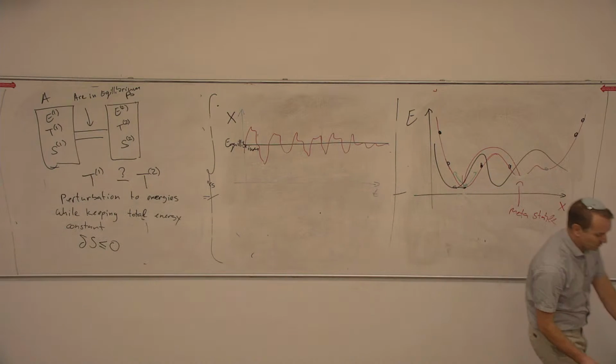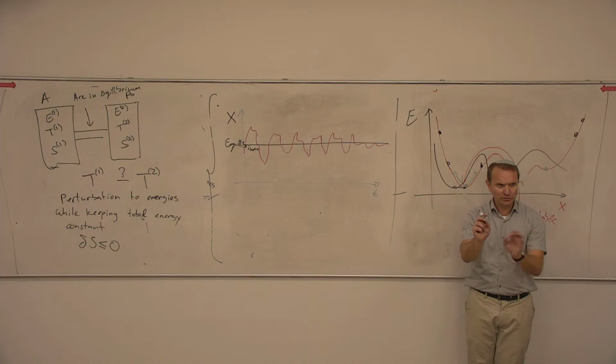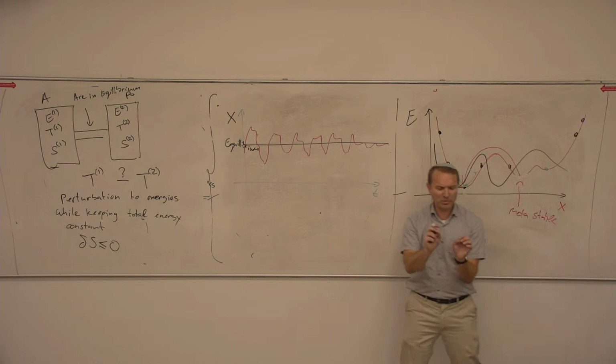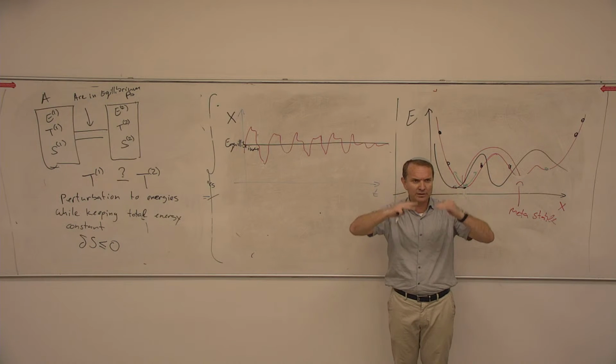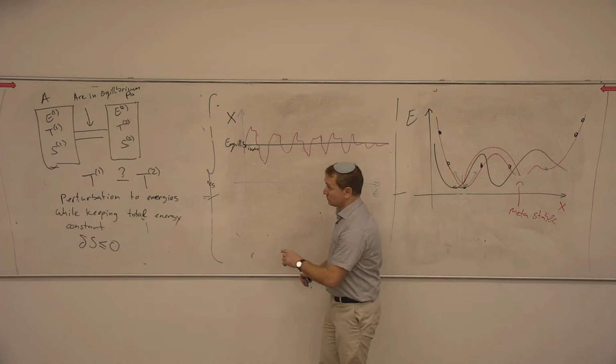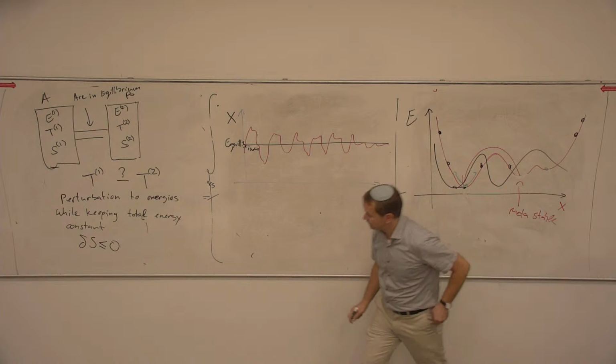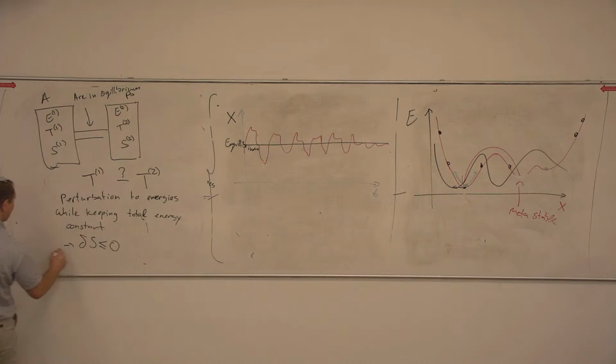So the entropy was maximal. No matter what I do internally, I kick the system a little bit out of equilibrium, the entropy is going to go down. This is dS total, the total change of entropy.